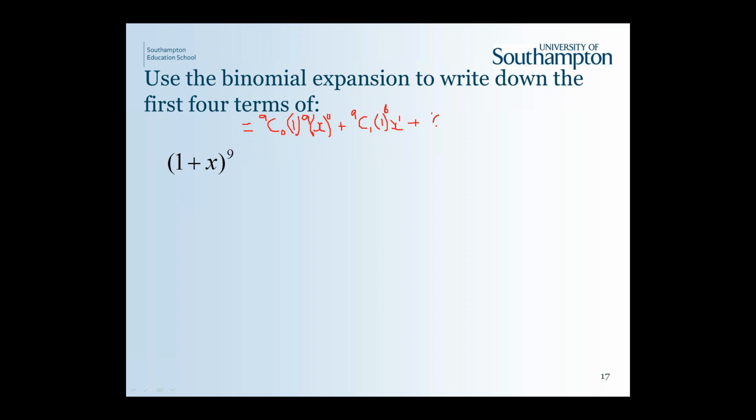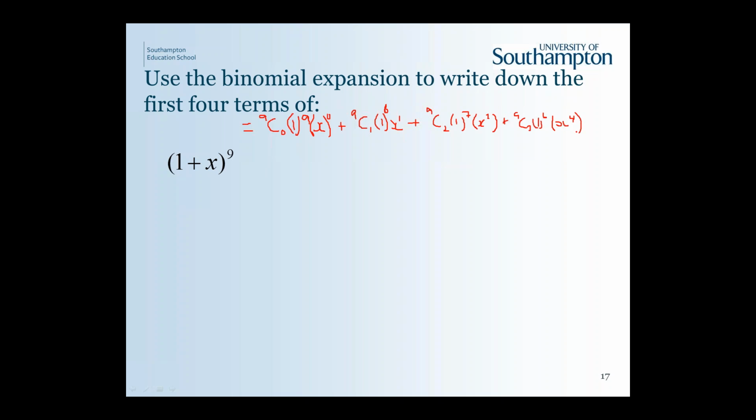And then 9 choose, how many do I need? 2. 9 choose 2, 1 to the 7, x squared, and 9 choose 3, 1 to the 6, and x cubed.